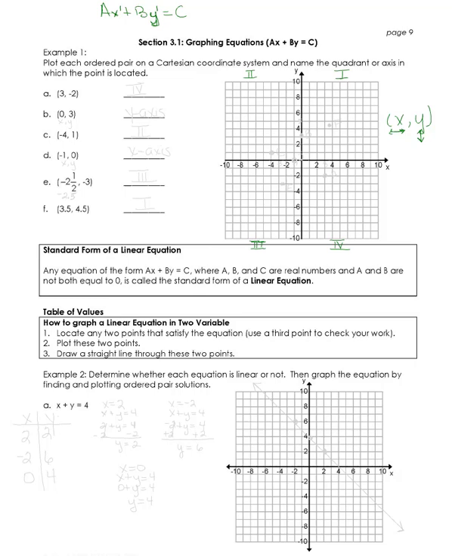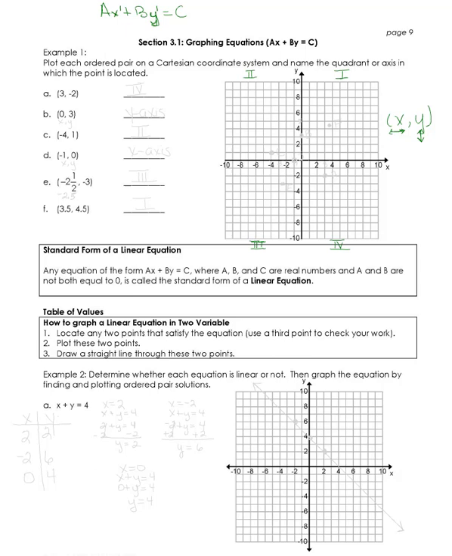Okay? So, it says to plot the points. We have here 3 comma negative 2, and which quadrant will that be in? 4. Okay? This is really hard for me, because I have lines on top of lines on my paper here, and dots.